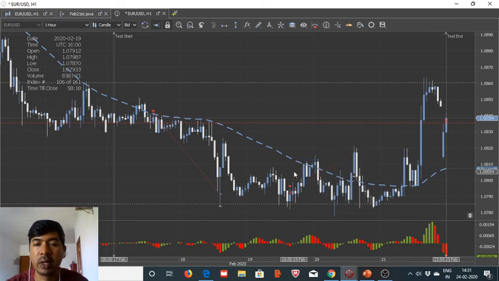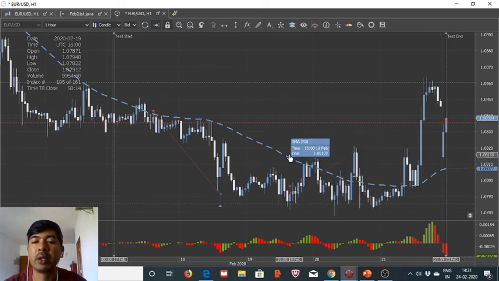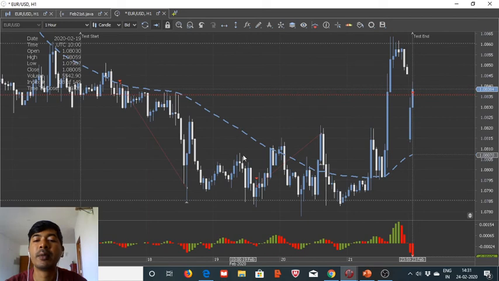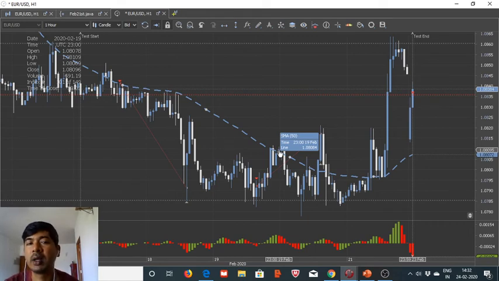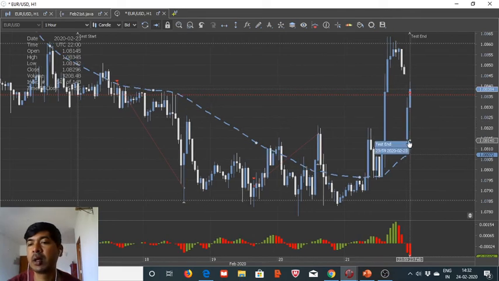Here you can notice that the price was significantly away from the SMA value, almost 20 to 30 pips away from the current value. And then it came back closer to SMA, and then again went down. And here it is above SMA.